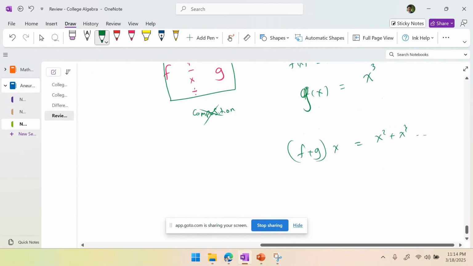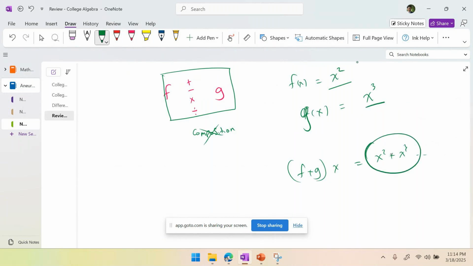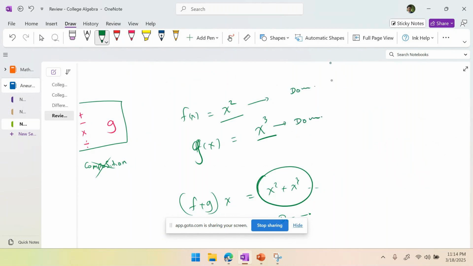Okay, now here this was a function, this was a function, the addition, the result is also another function, so I need the domain of this function. Now for that, what we do is, we get the domain of this, we get the domain of this, and we find the common points in between these two domains, and those common points will act as the domain for this.